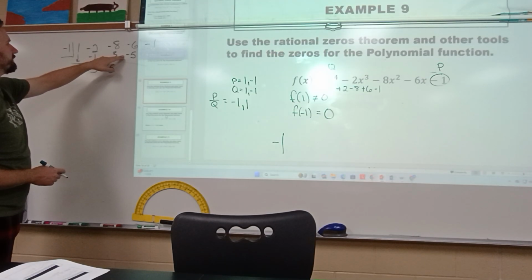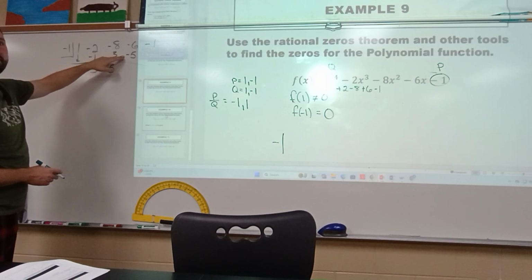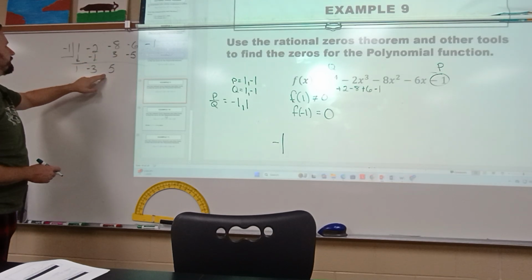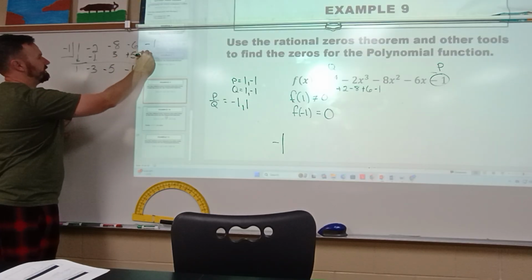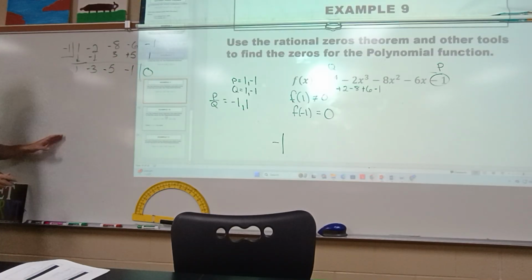What did I do wrong? That should have been negative 5. Yep. There we go. Slow is smooth and smooth is fast.